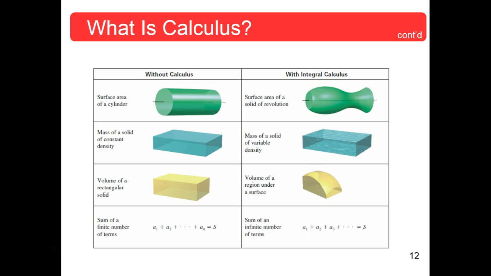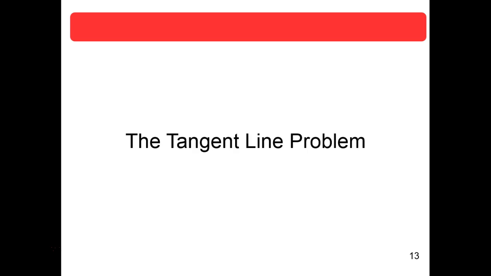There may not be. The calculus tells you that. And if there is a sum, then it tells you how to calculate it. You can do it with a finite sum, but you can't do it with an infinite one unless you have calculus. All right. So now we move to the tangent line problem.